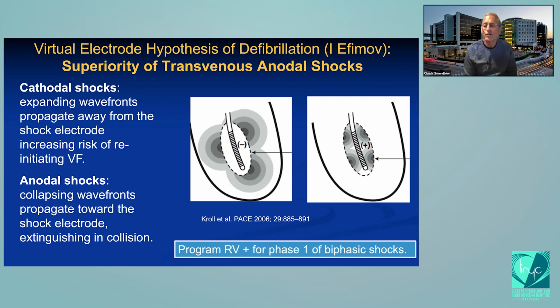You now reverse the polarity in that one patient, and let's say there's an 80 or 70% chance you succeed with a cathodal shock. You deliver a cathodal shock and you say, oh, the cathodal shock worked, so reversing polarity is good. No, if you had delivered an anodal shock, there would have been a 90% chance on the second shock you would have succeeded. You just didn't do it that way. This is a phenomenon called regression to the mean in statistics.